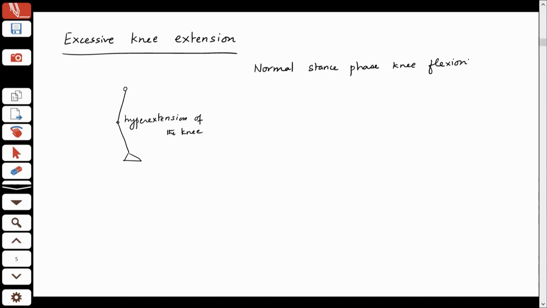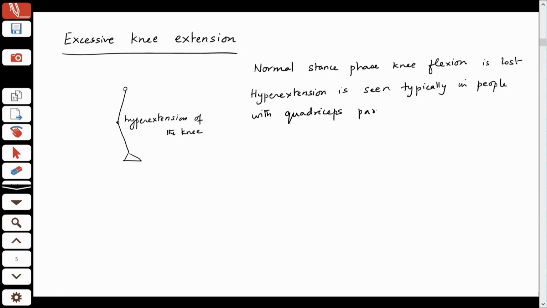That may still not be affected by this hyperextension, but the normal stance phase knee flexion is lost, and this kind of hyperextension is seen typically in people who have quadriceps paralysis following poliomyelitis.